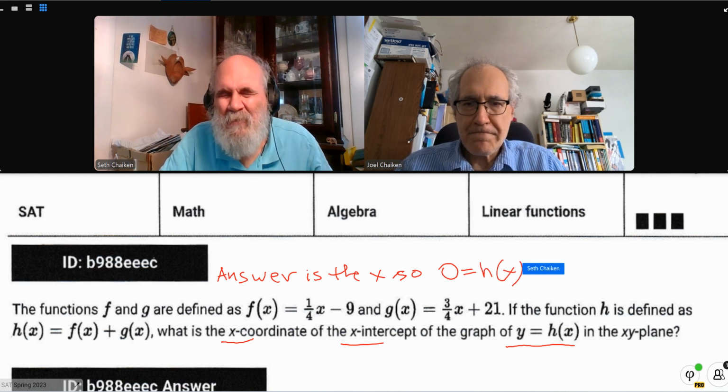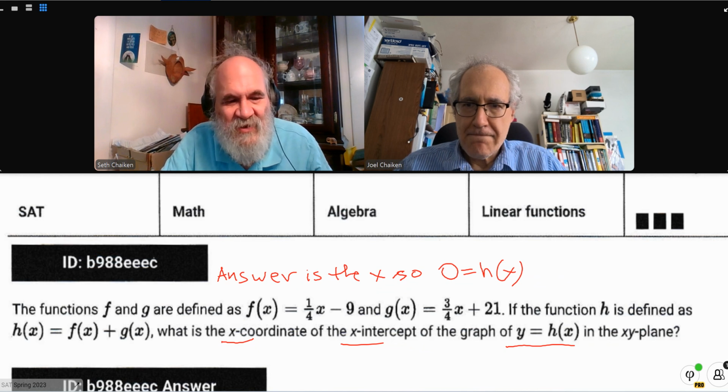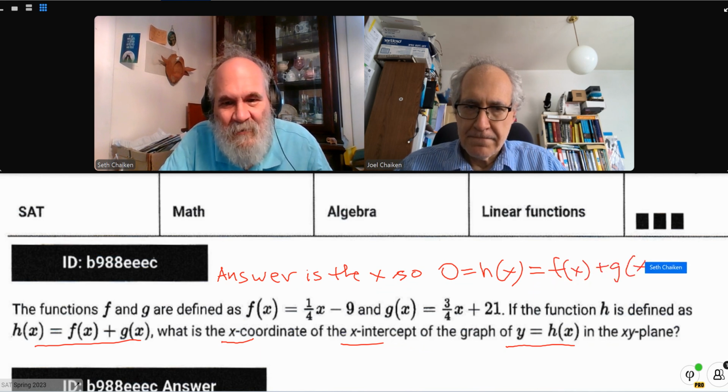Okay. Now, so let's figure this out. Now we're told that h of x is f of x plus g of x.